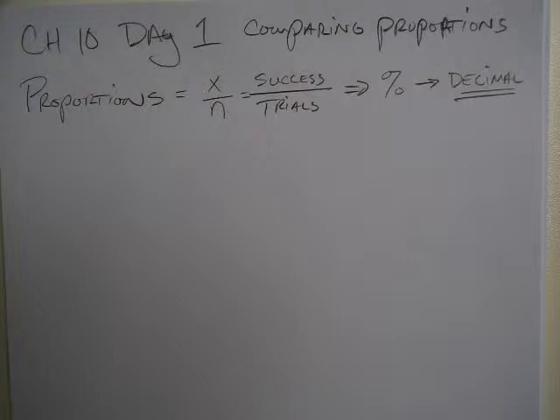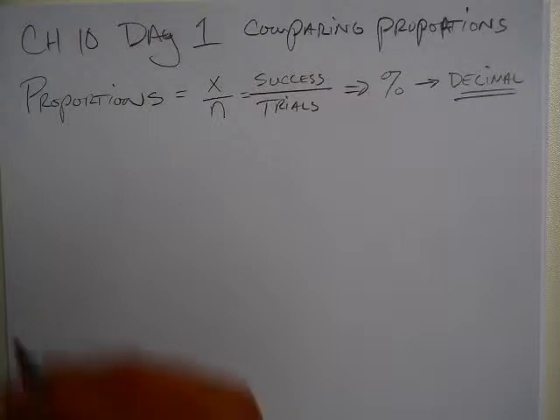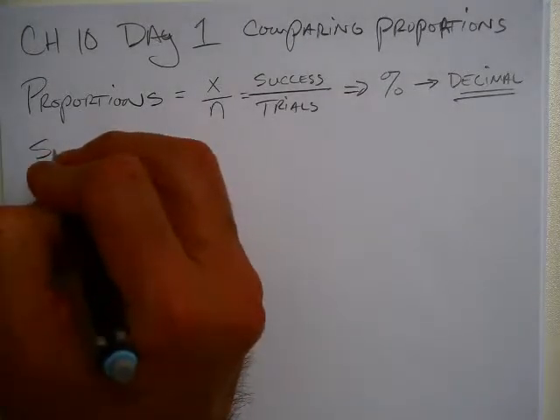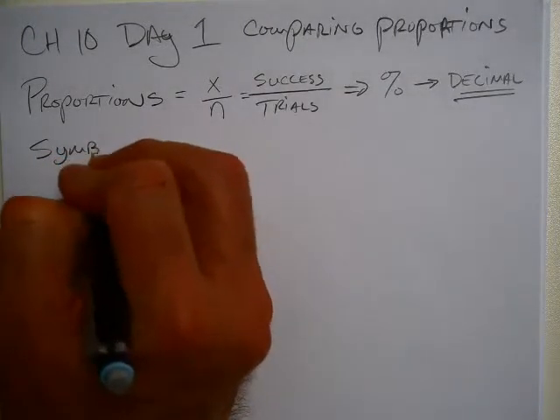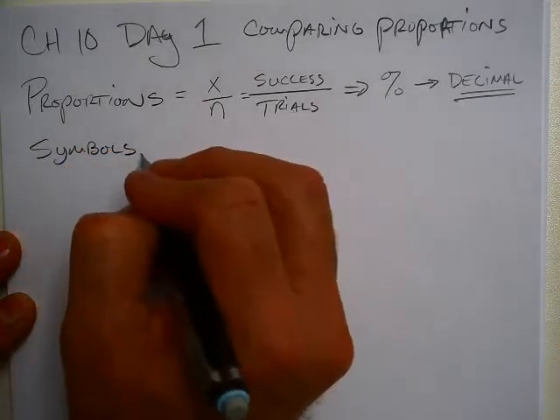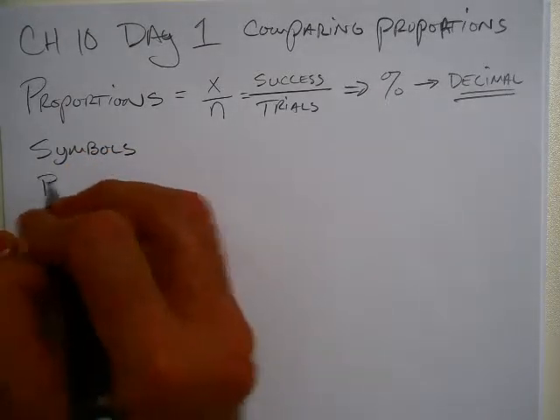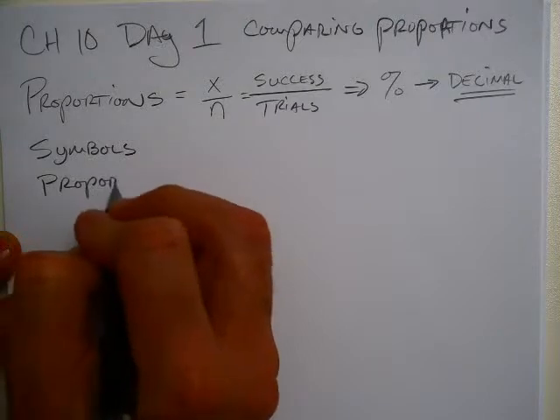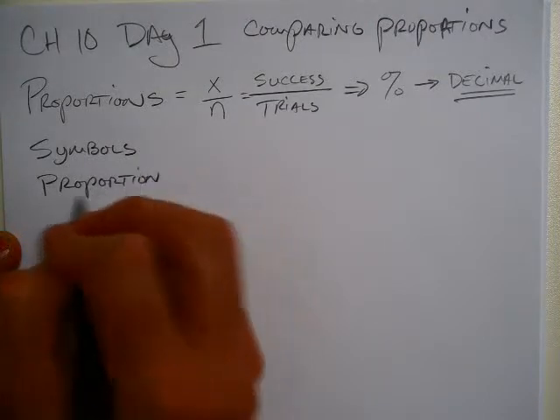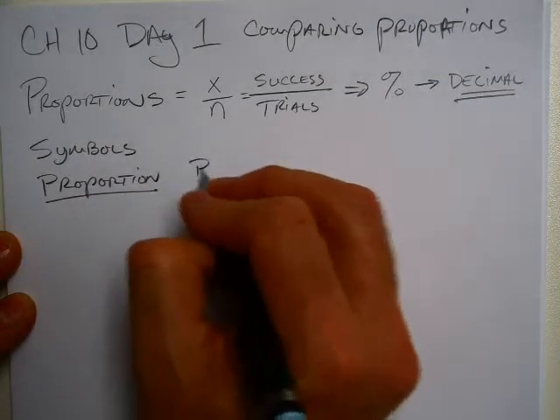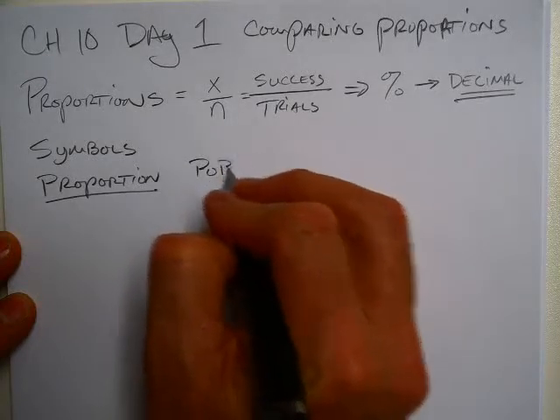But we're going to be dealing with comparing proportions. If we're comparing proportions, that means that we have 2. So we have some new symbols, which aren't really new. We've got the population proportion, p.